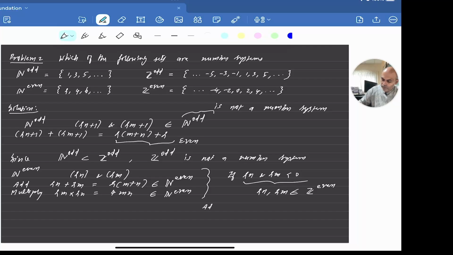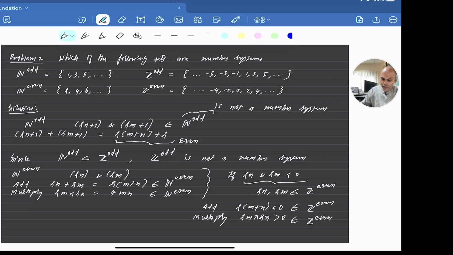and then you add them, you get 2 times m plus n, which is also negative, but more importantly it belongs to Z even. And if you multiply these two numbers, 2m and 2n are negative numbers, so their product is going to be a positive number, which is also an even integer.